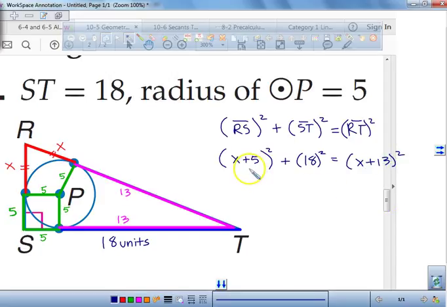Now, X plus 5 squared means X plus 5 times X plus 5. Now the fast way of multiplying this is not using the FOIL method.